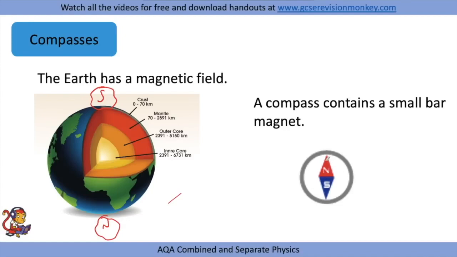The north part of the compass will point towards magnetic south. It is the North Pole, hence why we can direct ourselves around the globe using north and south. But the actual small bar magnet inside here is pointing towards magnetic south, because if you remember, in magnets, north is attracted to south. So the Earth's invisible magnetic field has a magnetic south at our North Pole.